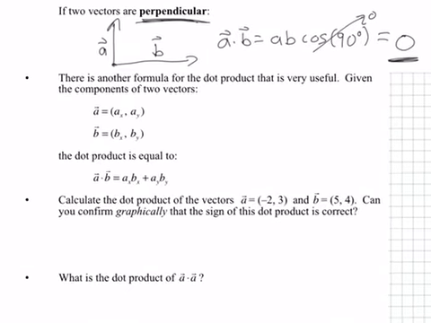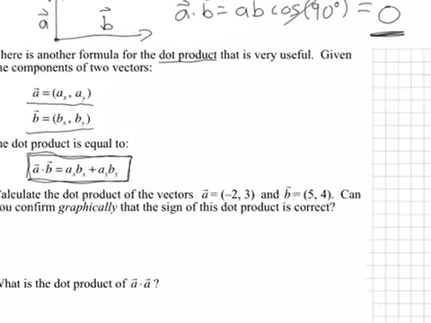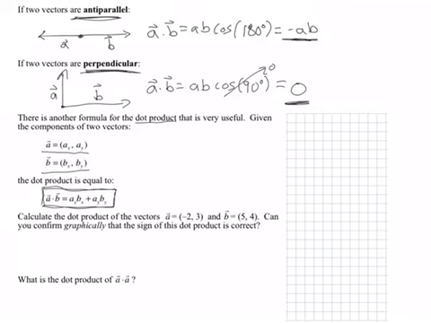There is one other formula that's equal to the dot product, and that's the formula given here below. This is equal to the definition of the dot product above. It's just written in component form, where vector A is AX, AY, and vector B is BX, BY. The reason this form is particularly helpful is that if you only have the components and not the angle, you can calculate the dot product.